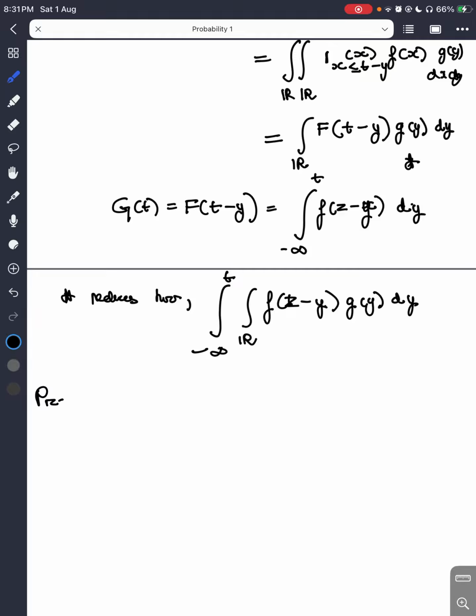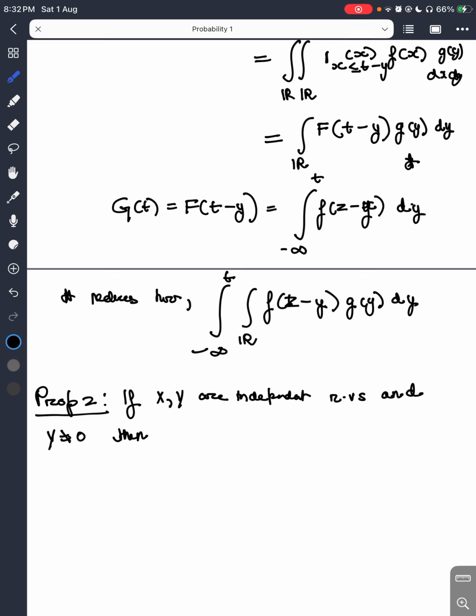So proposition 2: if X, Y are independent random variables with PDFs f and g, and Y is not equal to 0, then X by Y has PDF h(z), which is equal to the integral over R of |y| f(zy) g(y) dy.